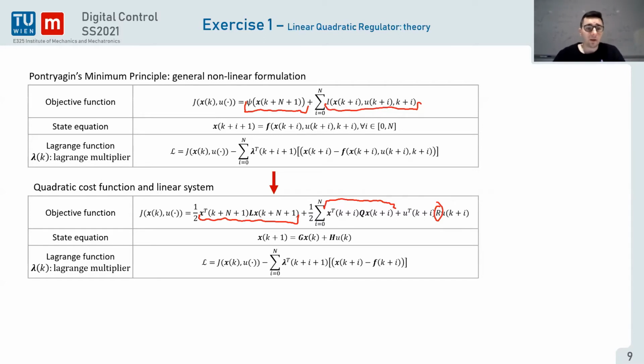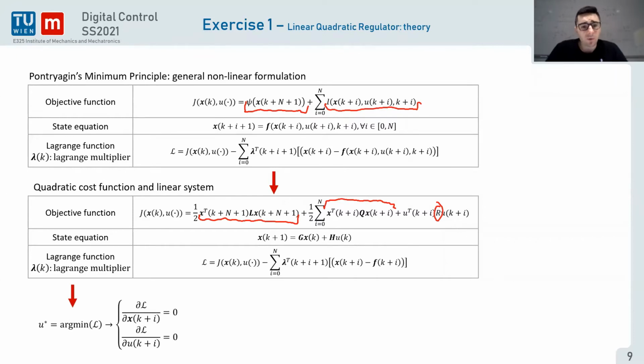Then the state equation is just the state space model we have, so it's already linear. And we can reformulate the Lagrange function. It's exactly the same as above, but here I just plugged everything in: the quadratic cost function and the linear state equation.